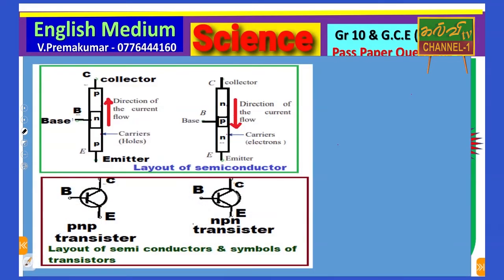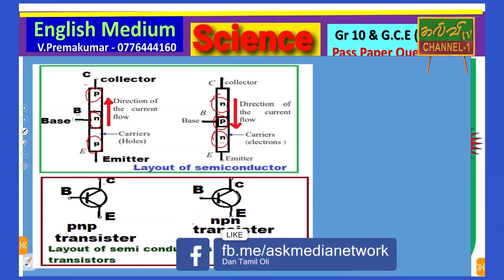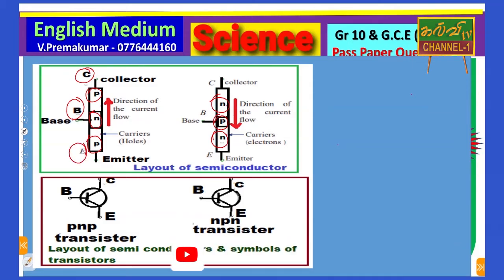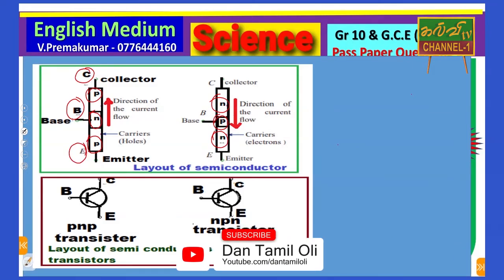These are the normal knowledge about this. Students must know what a PNP transistor and an NPN transistor are. PNP and NPN. Then you can find the collector C, base B and emitter E. They are called collector, base and emitter.